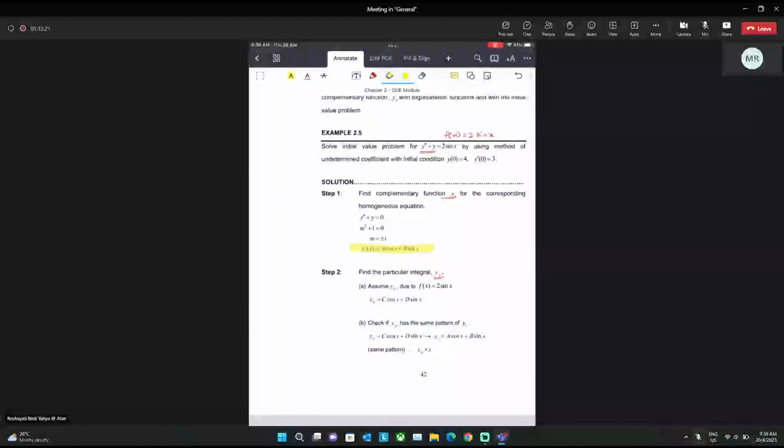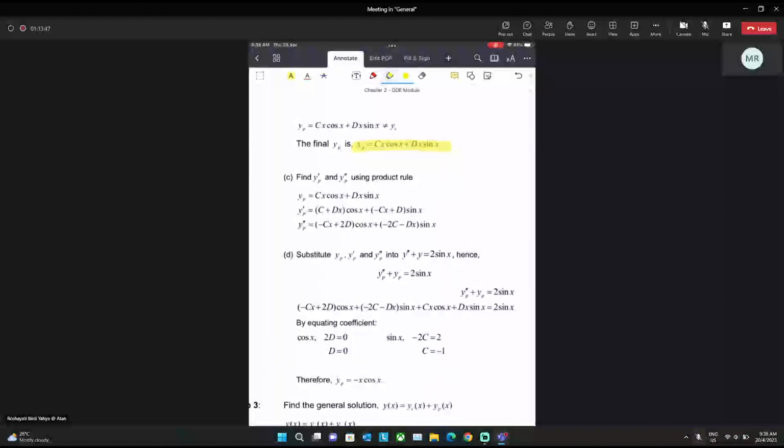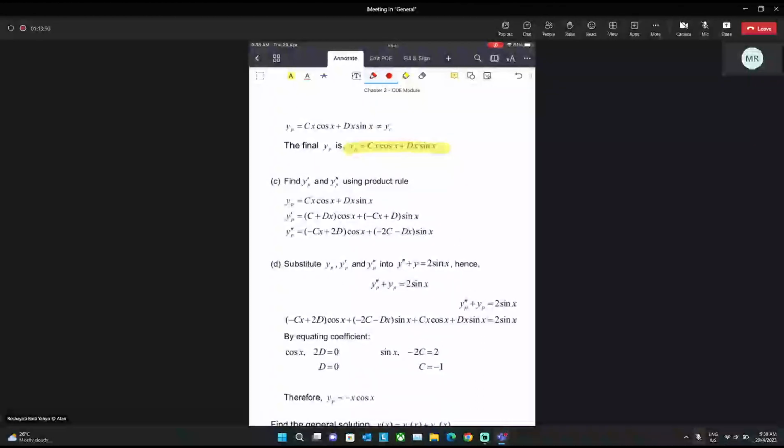This one. Okay, find YP prime and YP double prime. Sekejap ya. Find YP prime using product rule. Dah try dapat ke tak the answer? Sometimes module can have a mistake. So have you tried this? YP prime and YP double prime?